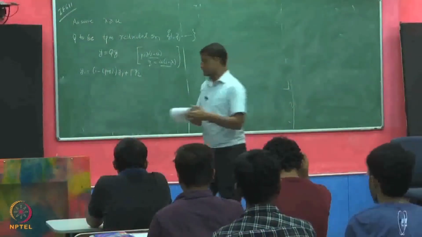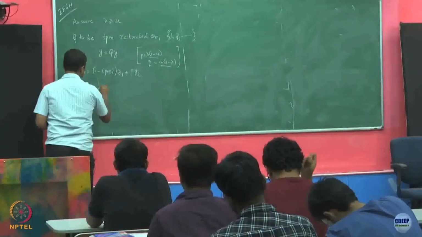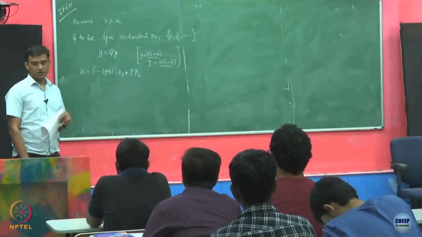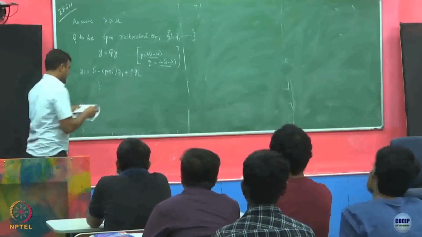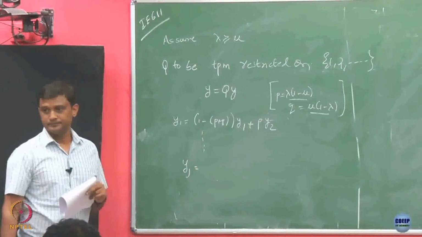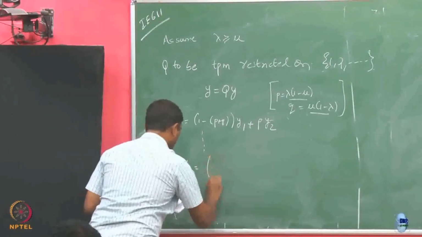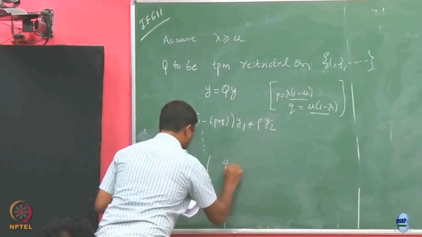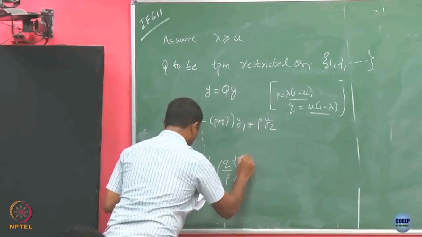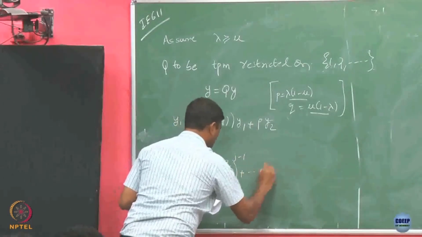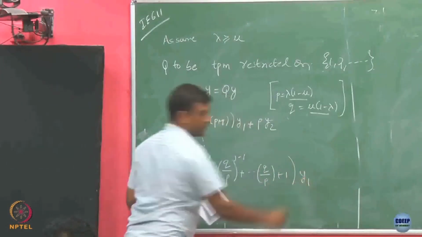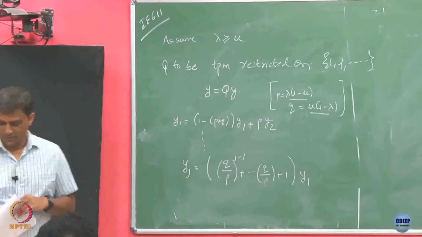After doing some manipulation, like the way we did when we solved pi equals pi P, we will end up with y_j, the jth term, written as (q/p)^(j-1) plus ... plus q/p plus 1, times y1.